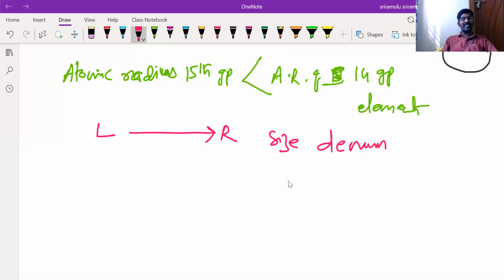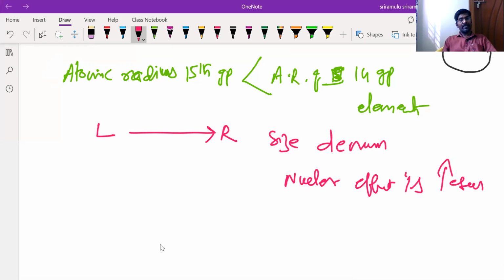Size decreases, and the nuclear effect increases. Actually here the nuclear effect increases, as well as the number of electrons also added within the same cell.